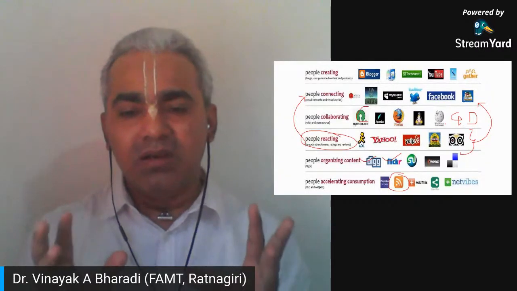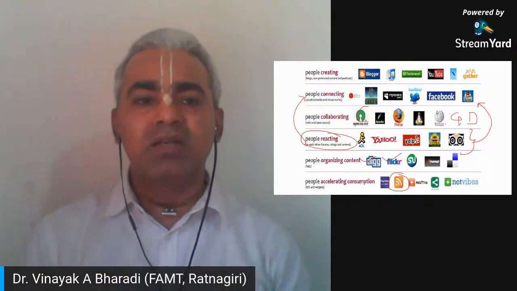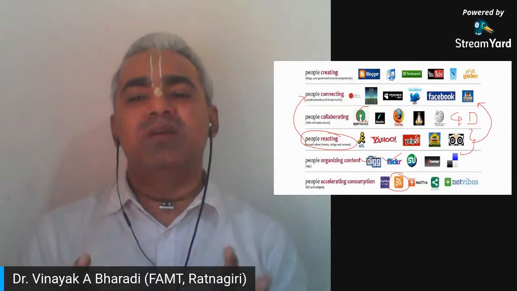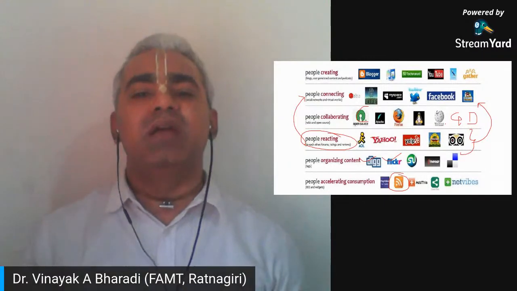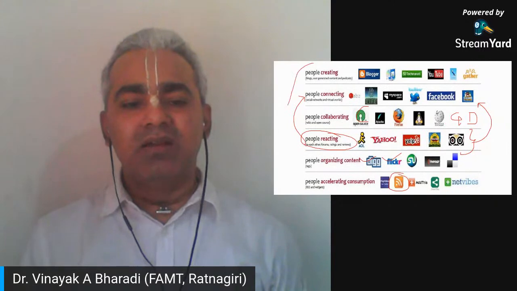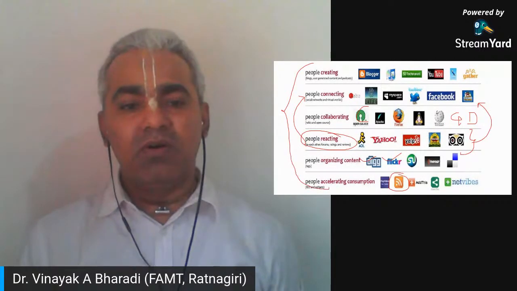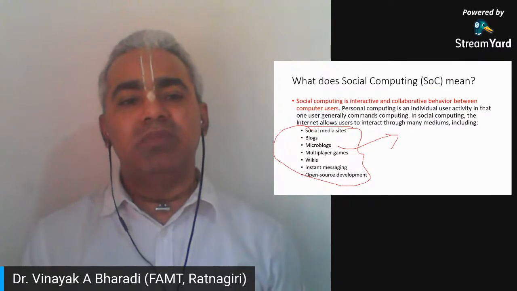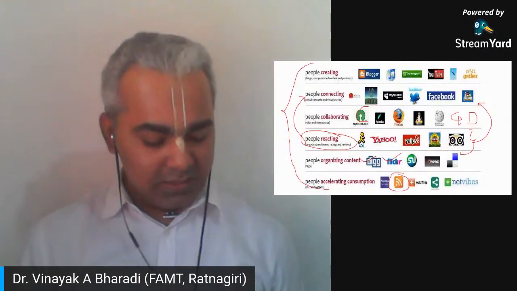These social services and products are not limited to this list. This is just an indicative, example list. The list is actually unending. So in the previous examples we have seen people creating, people connecting, people reacting.